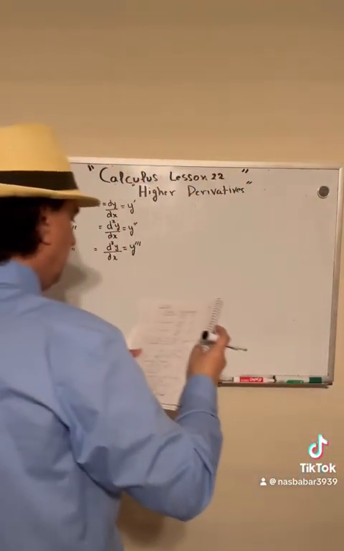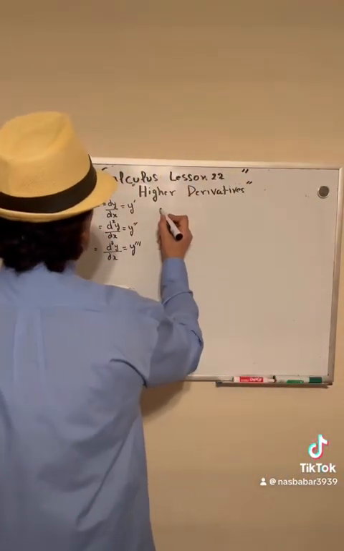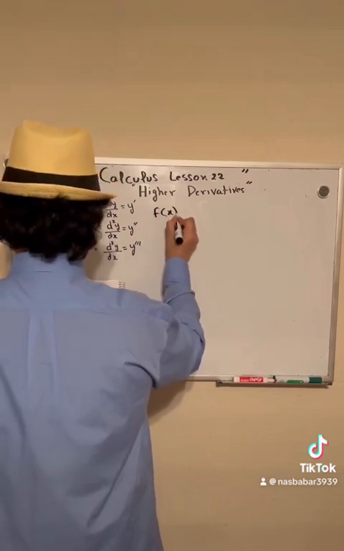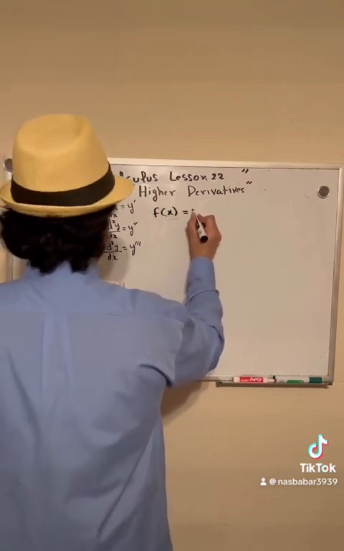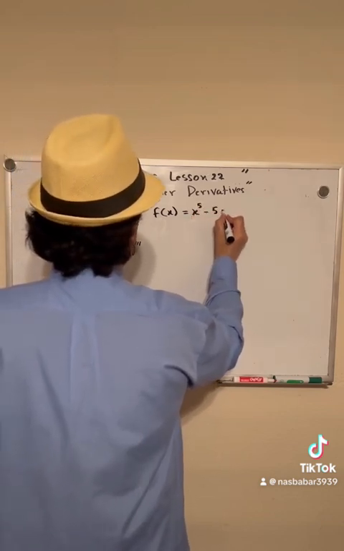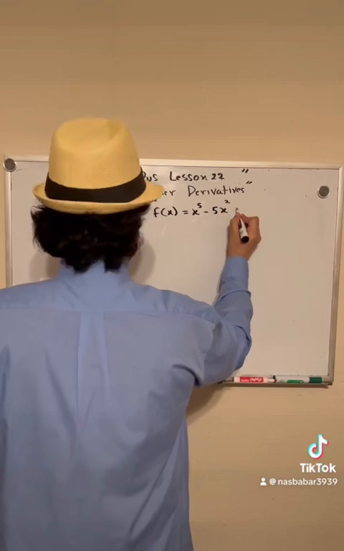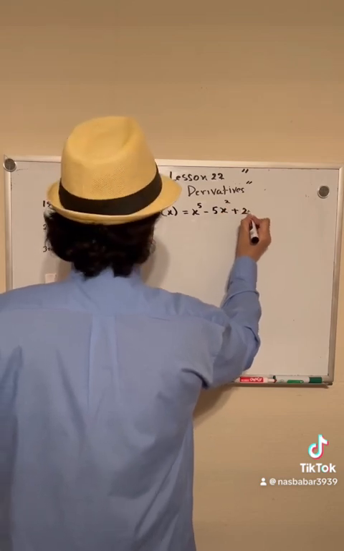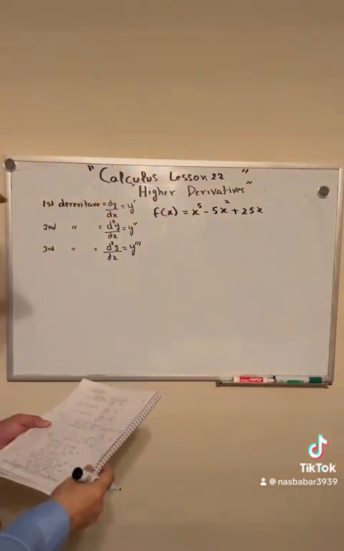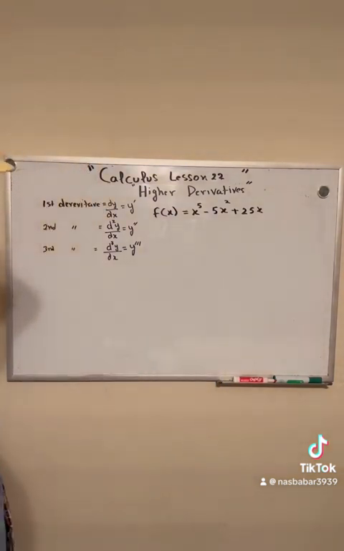Let's go ahead and start with the problem. You are given the function f of x is equal to x raised to the power 5 minus 5x squared plus 25x. I want you to find the first derivative of this.